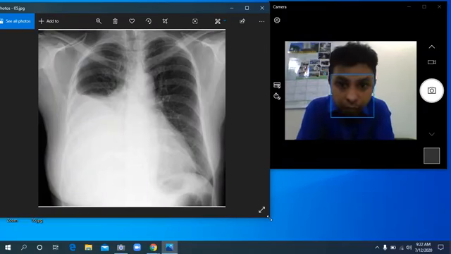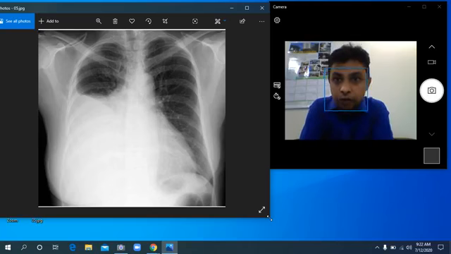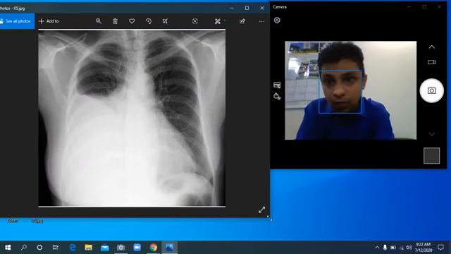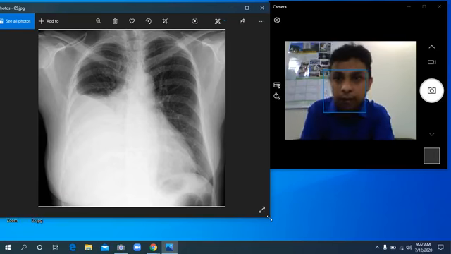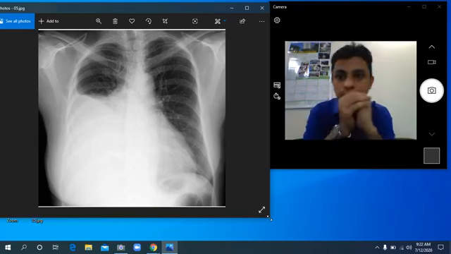And the position of the heart seems all right to me. It's not shifted. So if we are to describe this X-ray, we'll say that this is a chest X-ray posterior anterior view showing homogeneous opacity involving the mid and lower zone of the right lung with a crescentic upper border.